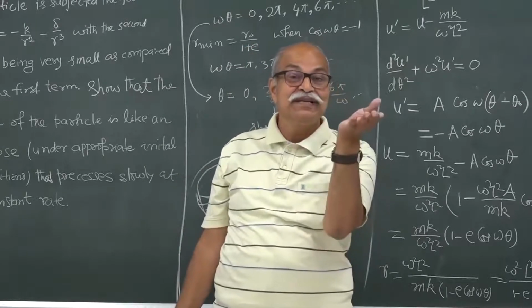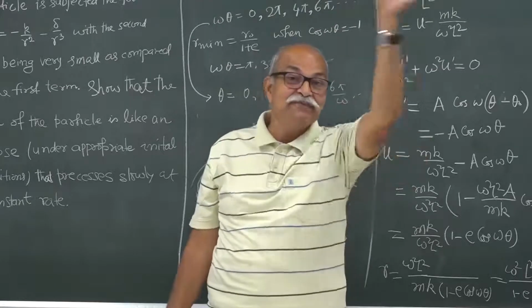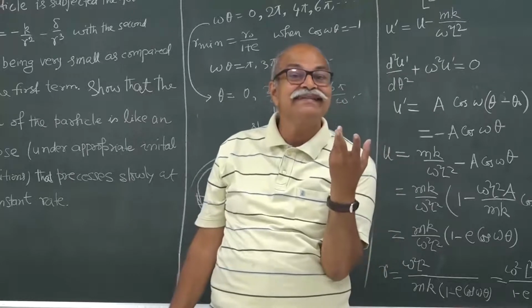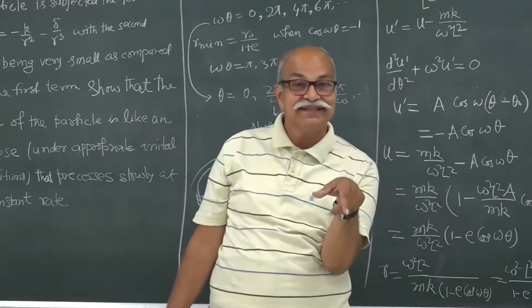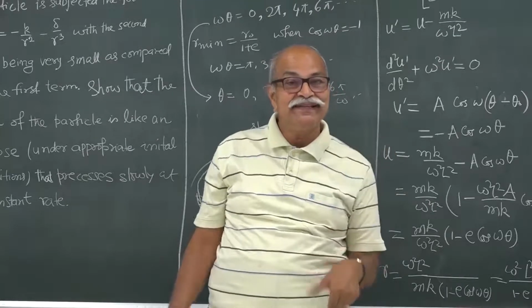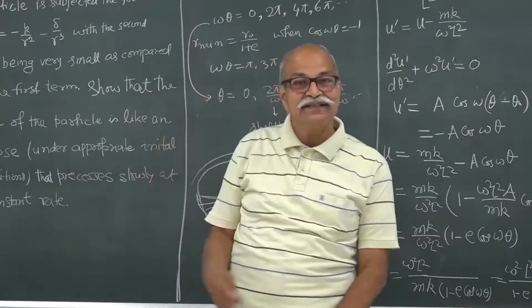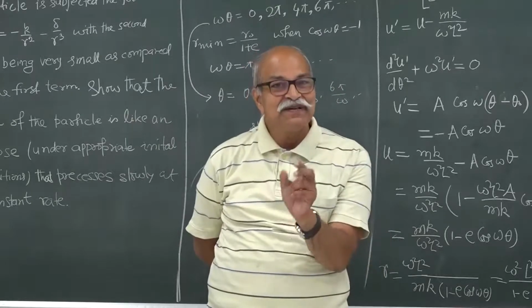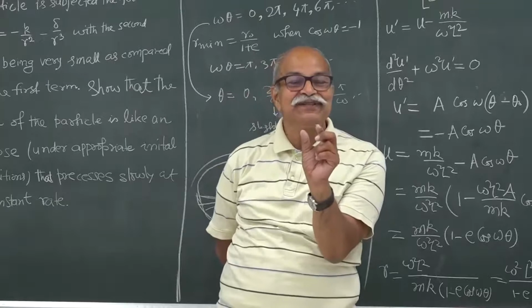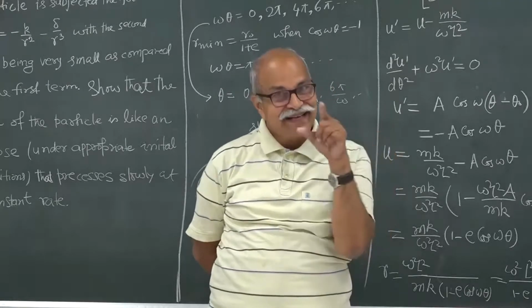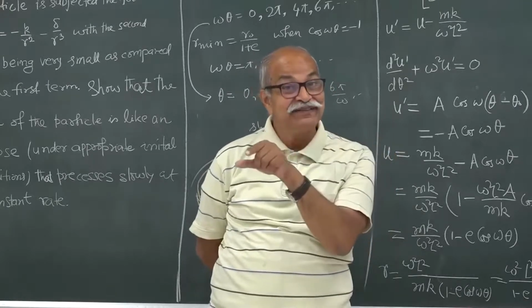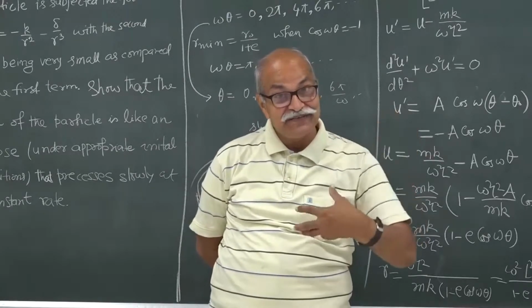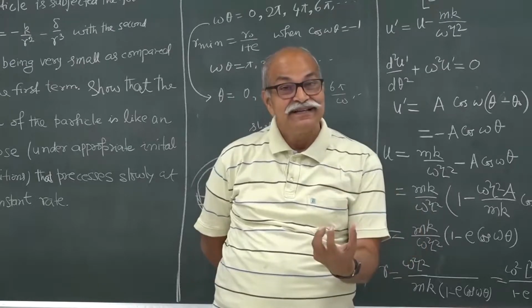Depending on which frame you are talking about, it is only a few hundred arc seconds in 1 century, 100 years. Newtonian mechanics, taking care of other planets and other disturbances, can account for most of it, but some 43 arc seconds was not explained by this, and that is very well explained by the general theory of relativity of Einstein, which is a modification, or a totally different theory of gravitation.